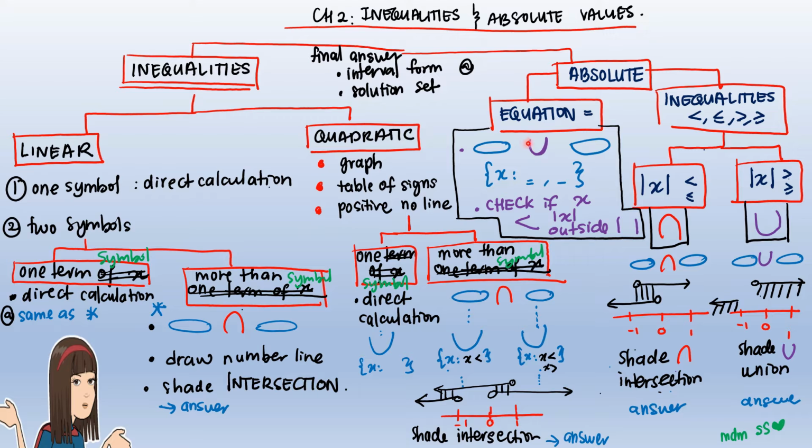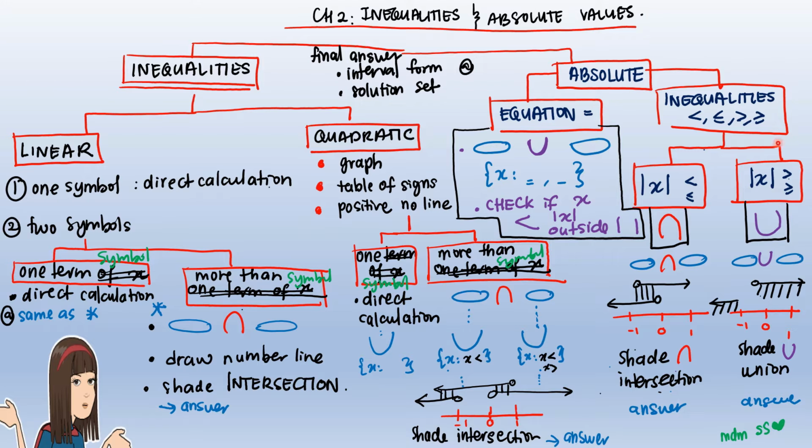Why are we using "or"? Because at the end we will take all the answers there. Except for questions where you have x inside the modulus and outside the modulus, you have to check the value of x. That is for absolute equations.